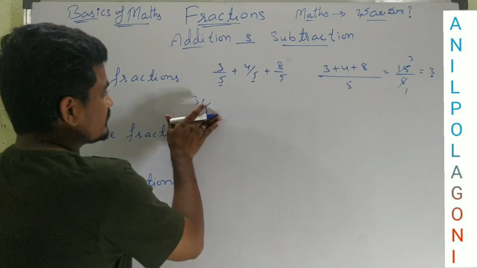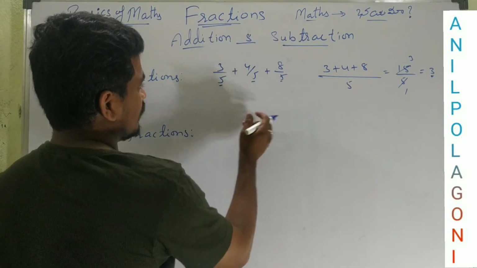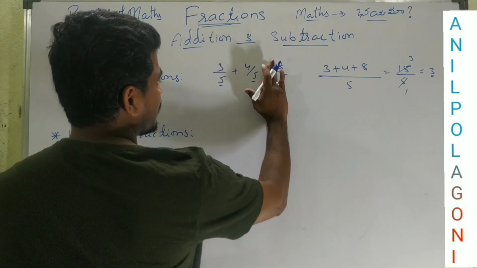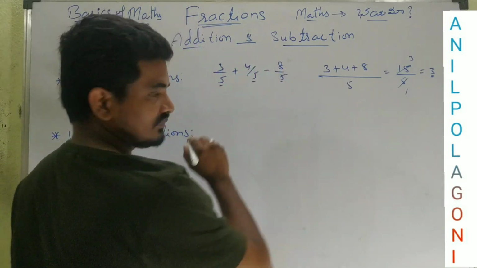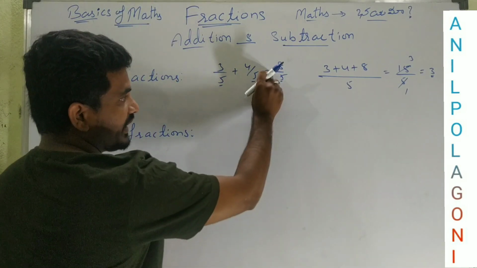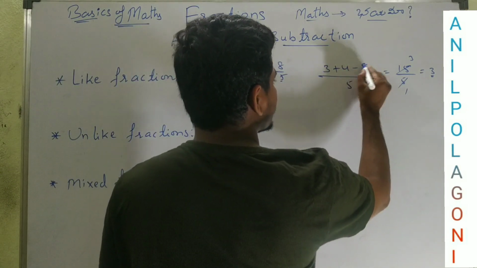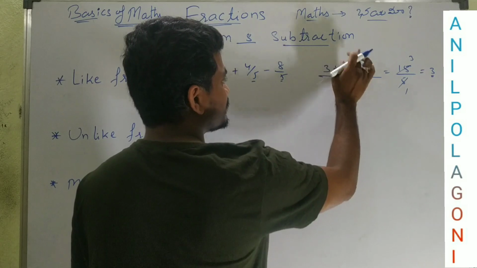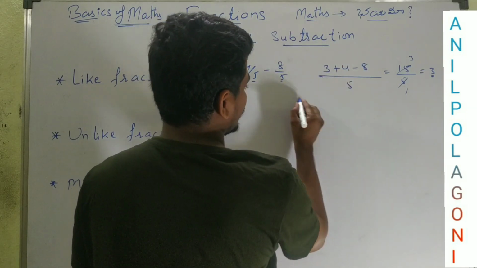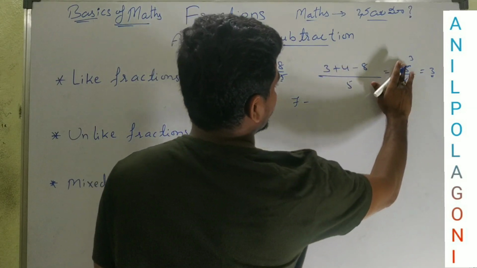And next, what I'm going to do here is subtraction. How to do the subtraction? For example, here I'm going to take the subtraction symbol before 8. 3 plus 4 is 7.